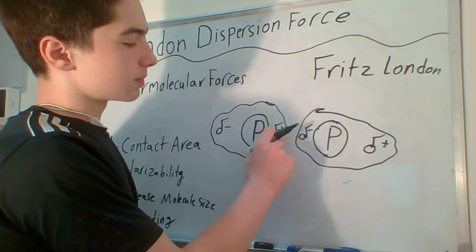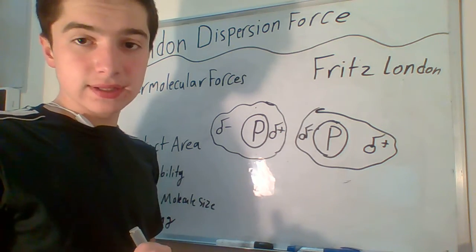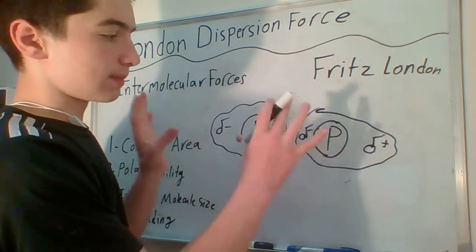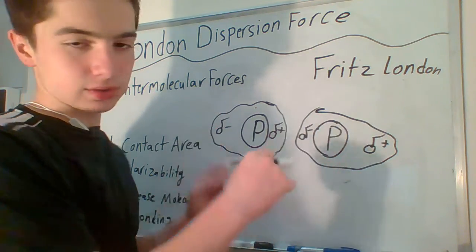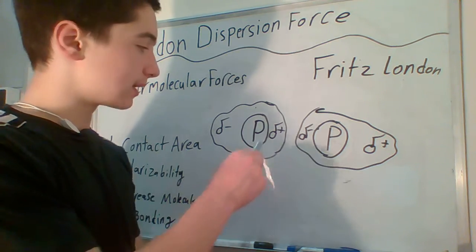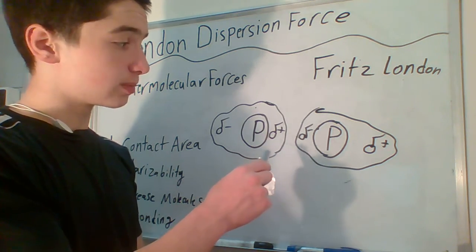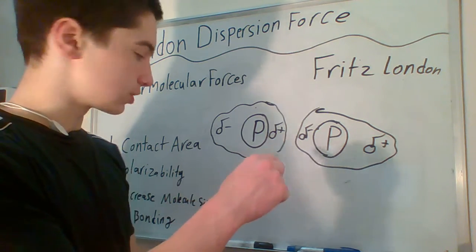So it doesn't stay for a long time, but still it can hold the atoms or molecules next to each other. For helium, it will hold those helium atoms next to each other to form liquid helium, and of course it should always be at a cool temperature.